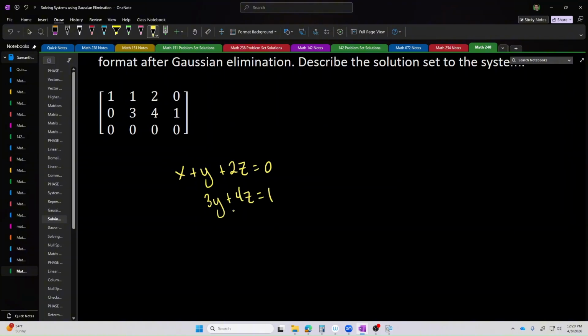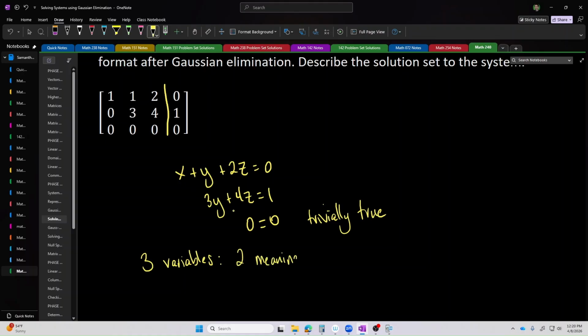But then in this case, the bottom row of the reduced matrix has all and only zeros inside of it. So if I were to translate the bottom row back into an equation, it would have this trivial form 0 equals 0. So we're in that situation where we have three variables, but at the end of the day, we only have two meaningful equations.